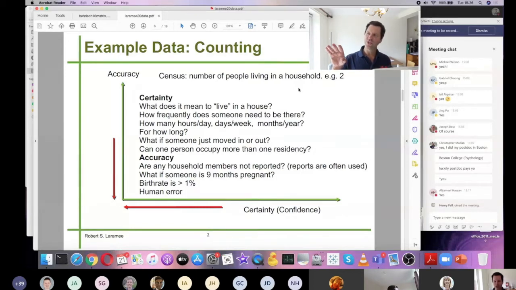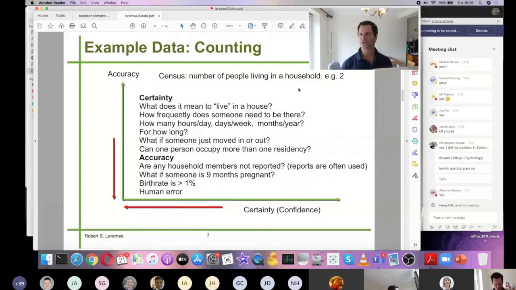If we just look at that number 2, there's no certainty associated with that, or the certainty looks very high because it's implied, and the accuracy looks very high because we just see that number. But if we look a little bit more carefully, there is certainty and uncertainty associated with the number, and there's accuracy and inaccuracy also associated with the number.